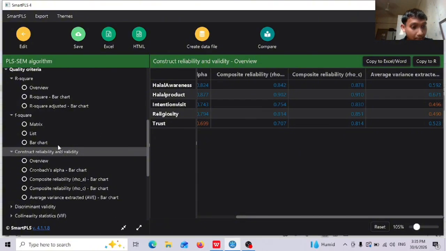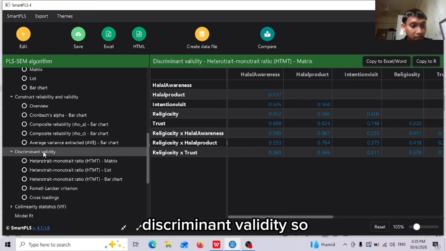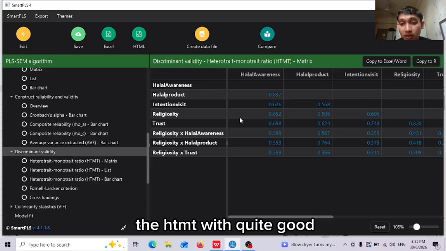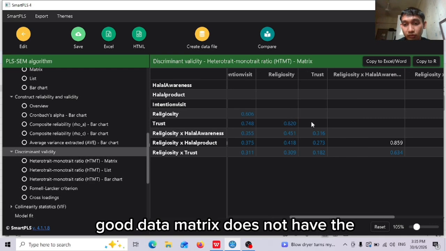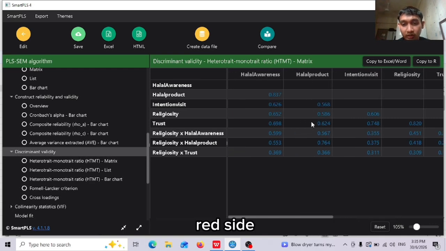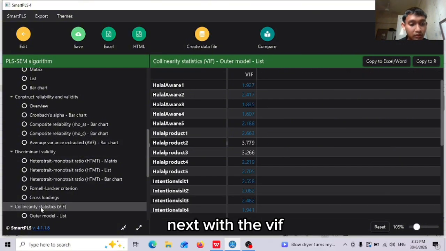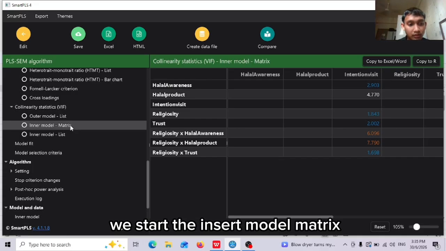So next we move to the discriminant validity. With HTMT we have quite good results, the data matrix does not have the red sign. So next with the VIF. For the VIF we start with the inner model matrix.